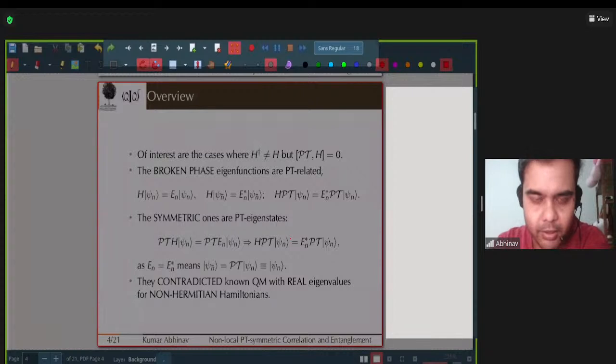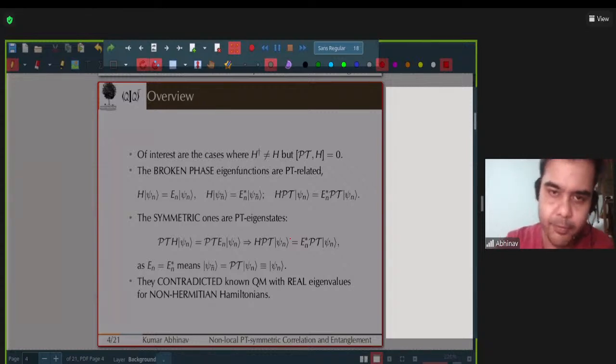But in the interesting phase, the symmetric phase, the energy eigenvalues are real, and you can automatically see that the eigenfunctions are also eigenfunctions of the PT operator. That's very easy to show, and it contradicts what we know from Hermitian quantum mechanics, that you are getting real eigenvalues out of complex, or in general non-Hermitian, Hamiltonians.